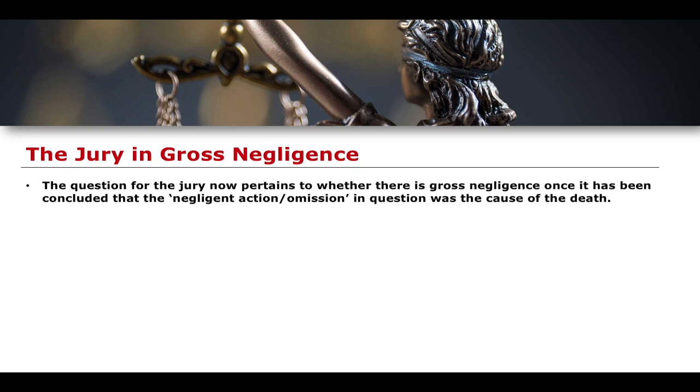So the issue of whether gross negligence has existed only arises after it has been shown that the negligent action or omission was the cause of death itself. And then we can conclude that it was negligence that caused this individual's death, but does this negligence simply give rise to liability in the case of tort? Or could it give rise to criminal liability if it meets such a standard as to cross into gross negligence?